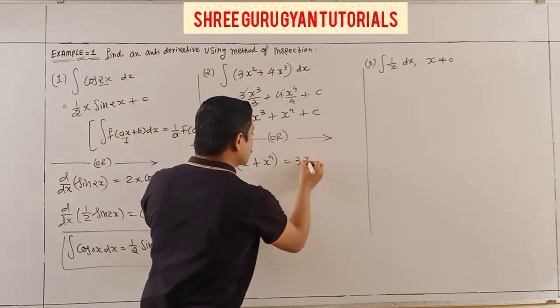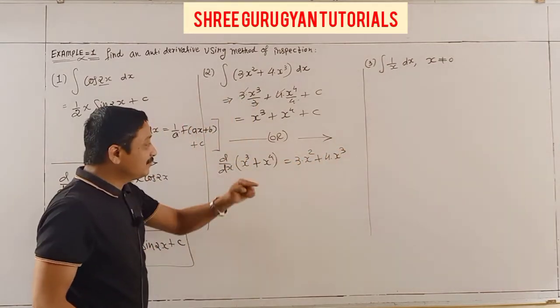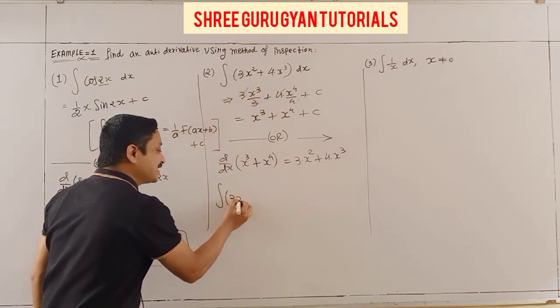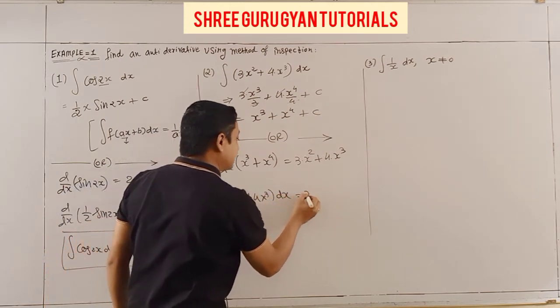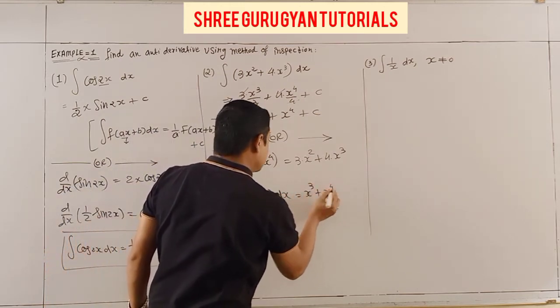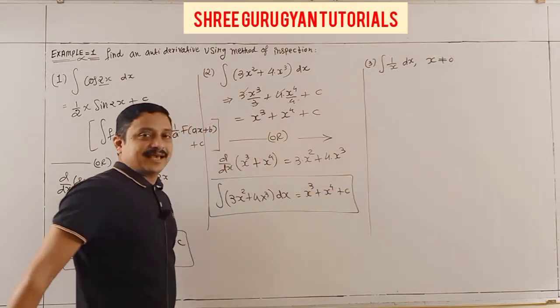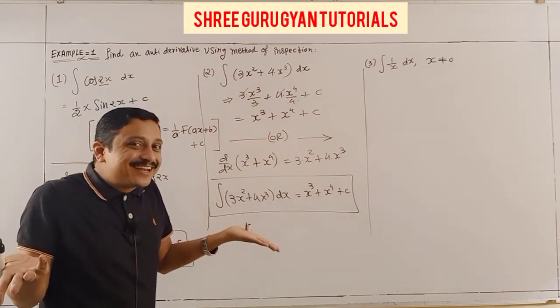The derivative is 3x square plus 4x cube. It means this derivative is your question. So the integration of 3x square plus 4x cube dx is x raised to 3 plus x raised to 4 plus c. Students, your answer is over here.